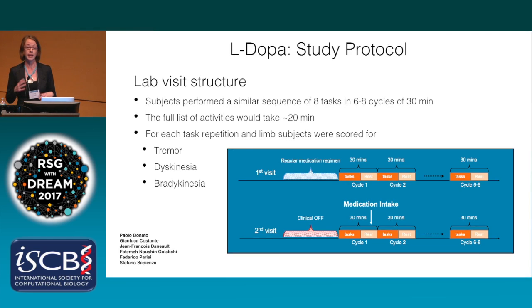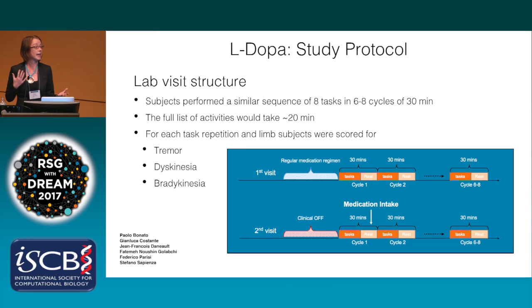On the second visit, they arrived off medication, performed some tasks, and then took medication later in the day. So they performed a similar sequence of about 8 tasks in multiple cycles throughout this day. So there are multiple observations of each of the tasks over 2 different days.